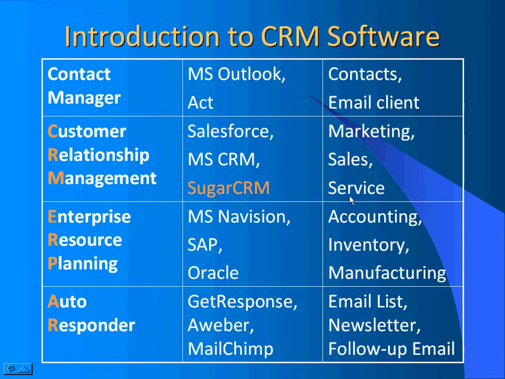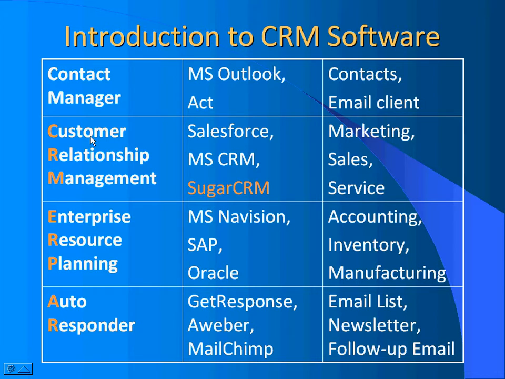So with these three functions together, actually you can see why they call it customer relationship management, right? To keep a good relationship with your customer, you basically need to combine the activities of your marketing, sales, and customer service together. With these three together, then your customers will be happy. Okay, you have a good chance of keeping your customers happy.